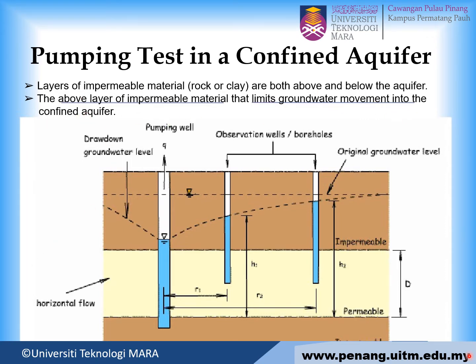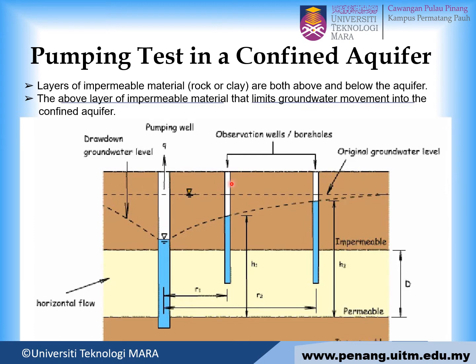By referring to this figure, you will see that this is horizontal flow from left to right. This is the pumping well, which is used to pump out the water. The discharge of water is known as Q. Here is the initial groundwater table.